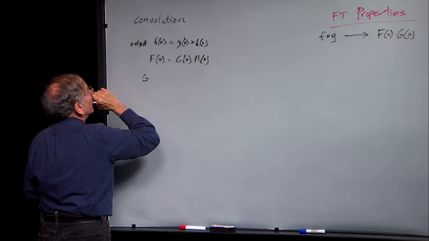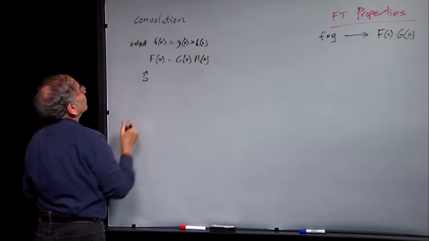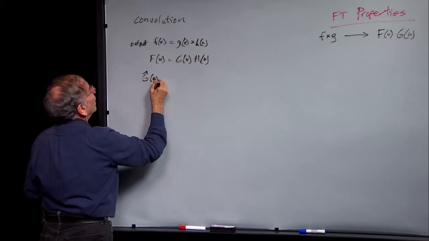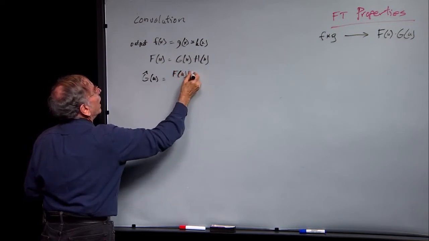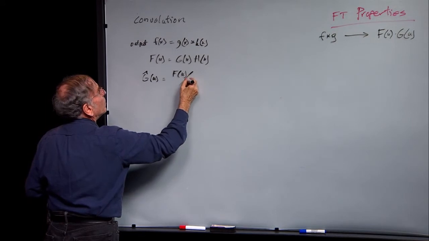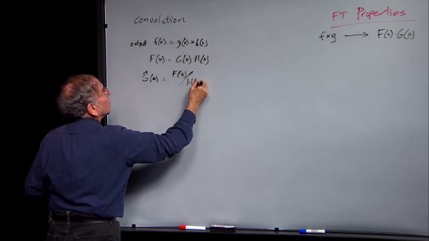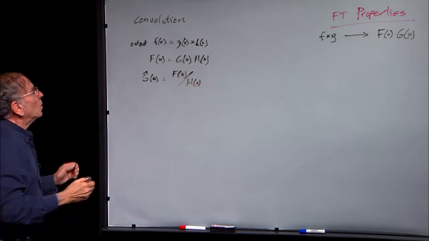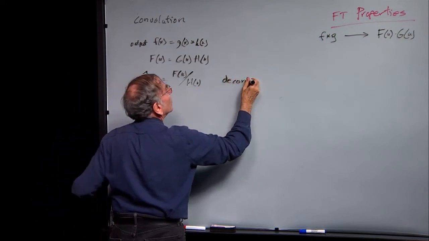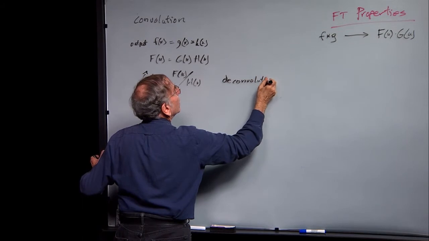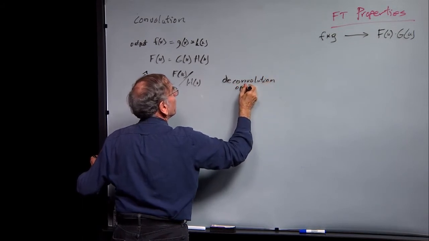We'll call this the recovered g of u by just taking what I got out, this f of u, and divide it point by point by the kernel h of u. So this then is a deconvolution operation.